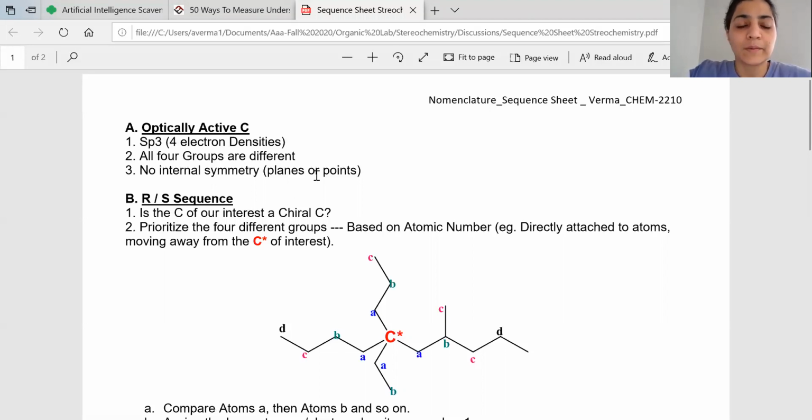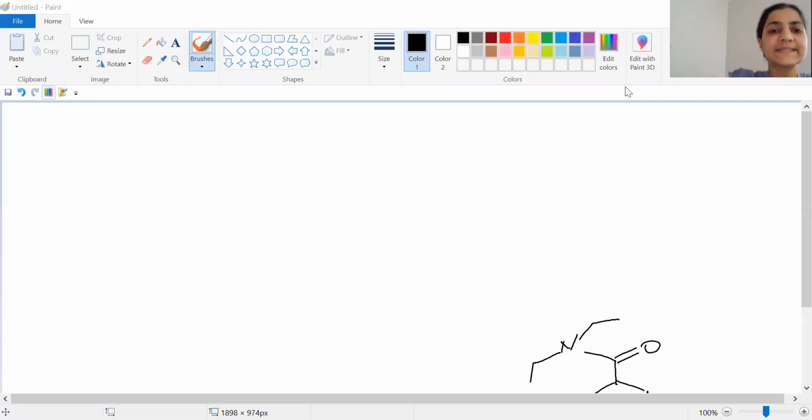The second requirement that has to be fulfilled is that all of these 4 electron densities or groups around the carbon have to be different. And within that structure, there should not be any internal symmetry or plane present. For example, let's look at this carbon. And remember that a carbon always has a tetrahedral geometry.